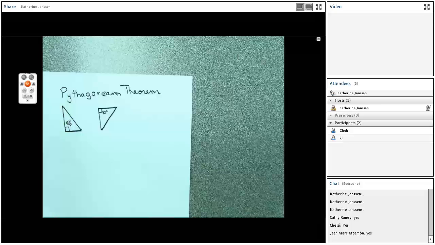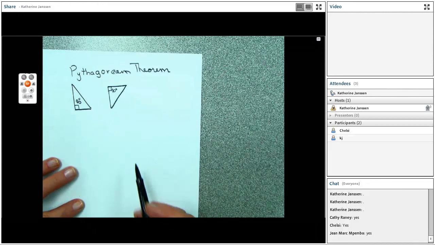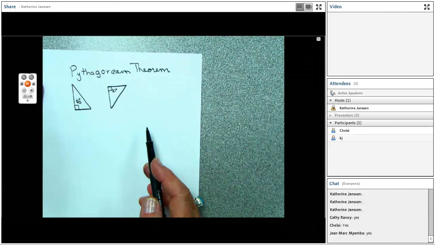Either the author will tell you that you're working with a 90-degree triangle, right angle, or they'll give a scenario that lends us to understand we're working with a right triangle in the story problem.